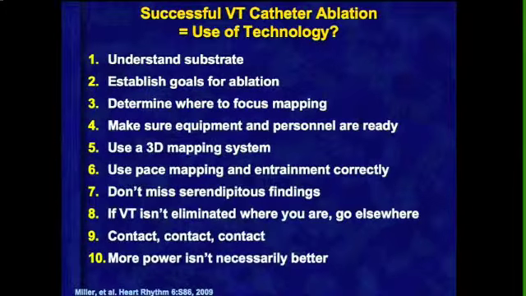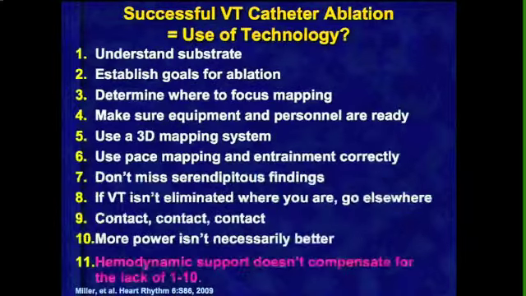But then the most important is understand the substrate, establish goals for ablation, determine where to focus mapping, make sure equipment and personnel are ready, use the 3D mapping system, use pace mapping and entrainment correctly, don't miss serendipitous findings. If VT isn't eliminated where you are, go someplace else. Contact, contact, contact, and more power isn't necessarily better.